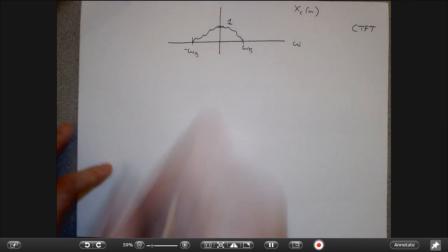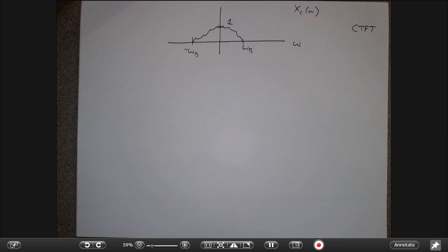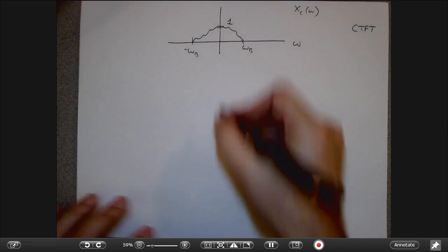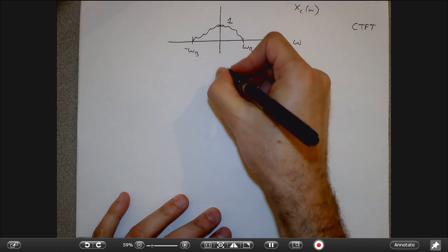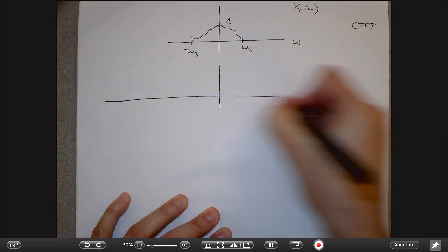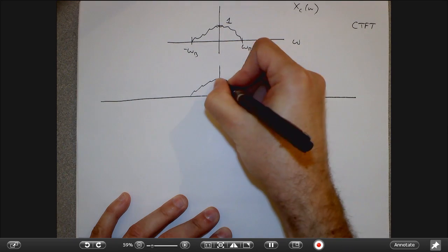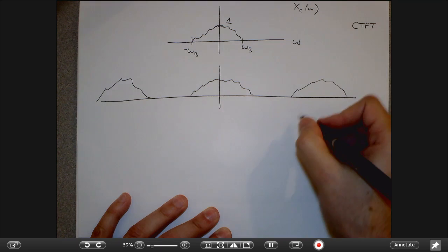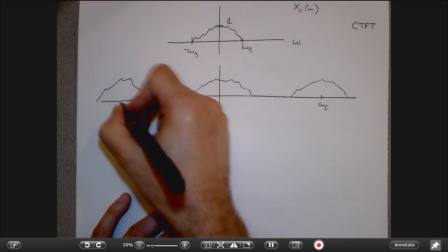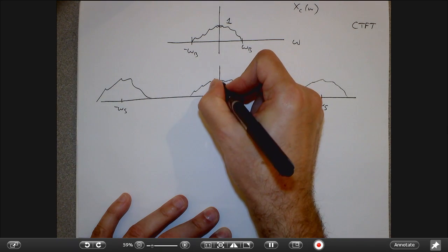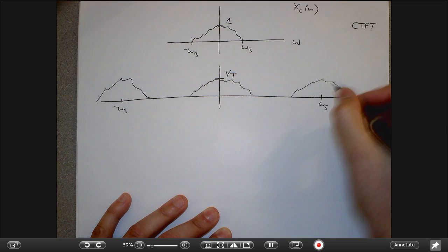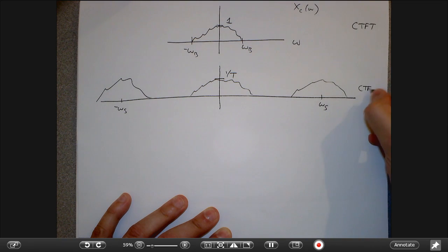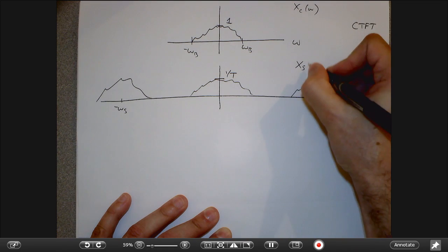Now I'm going to do the A to D conversion. I'm going to sample that guy. When I sample that guy, I'm going to get a whole bunch of copies. The copies are going to be centered at multiples of the sampling frequency, and they're going to be of height 1 over T. And this is the CTFT of my sampled signal.